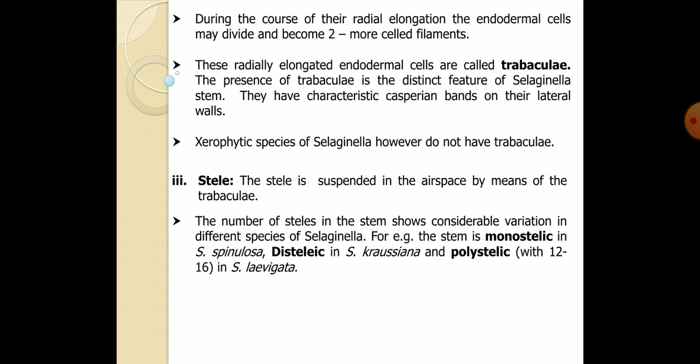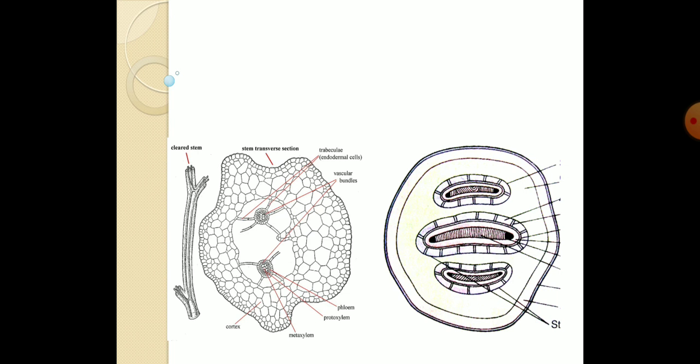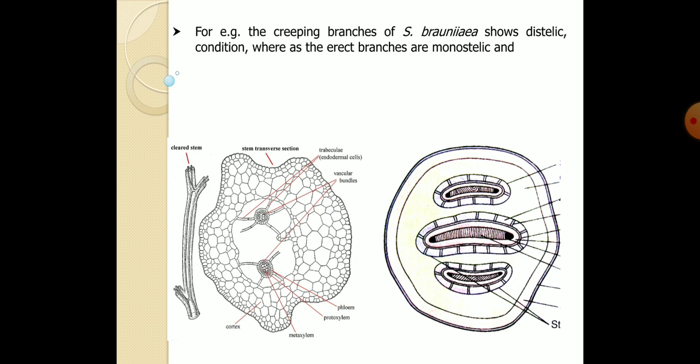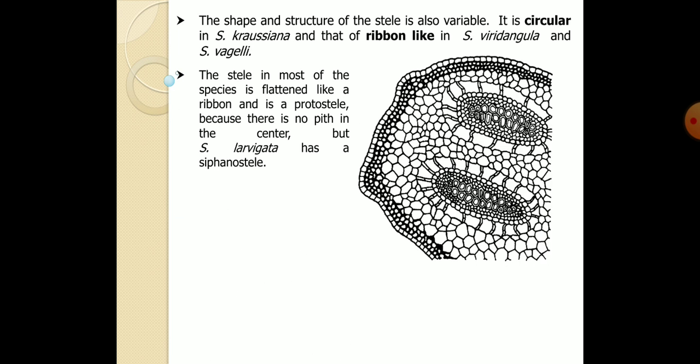Sometimes in xerophytic species the trabeculae may be absent, and the center portion consists of the stele. The stele is a distinct region, and monostelic, distelic, and polystelic types occur. It varies, as the figure shows. In different species, different types of stele will be there, with circular or ribbon-like structures in the stellar region.